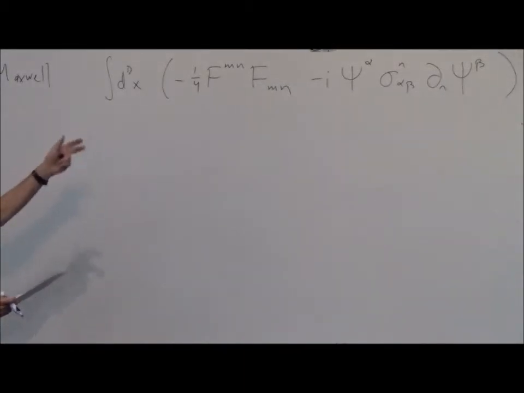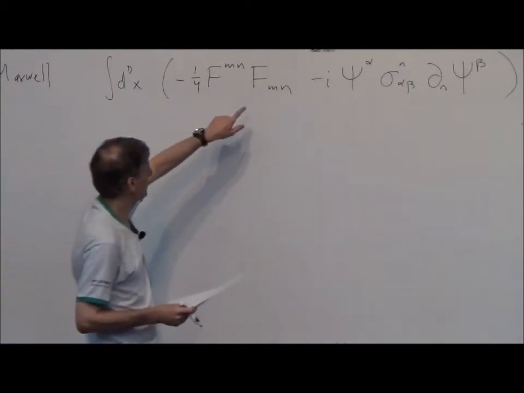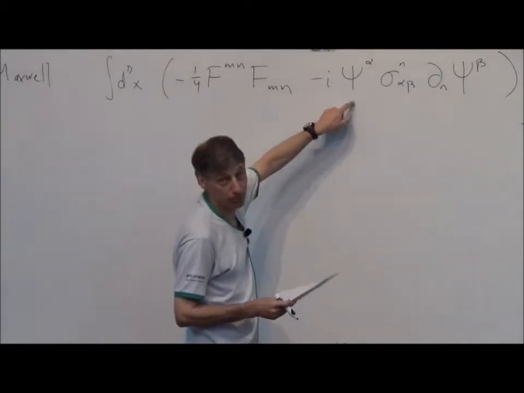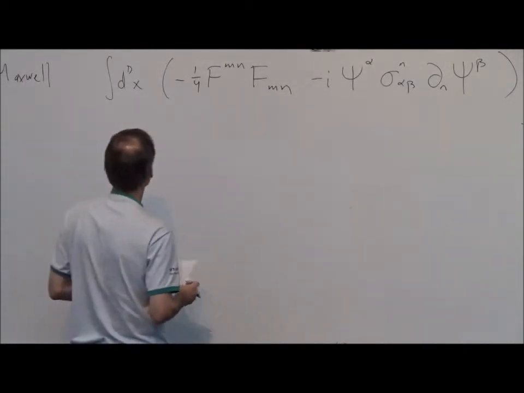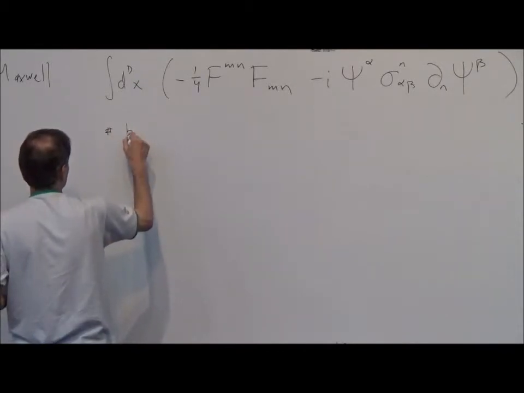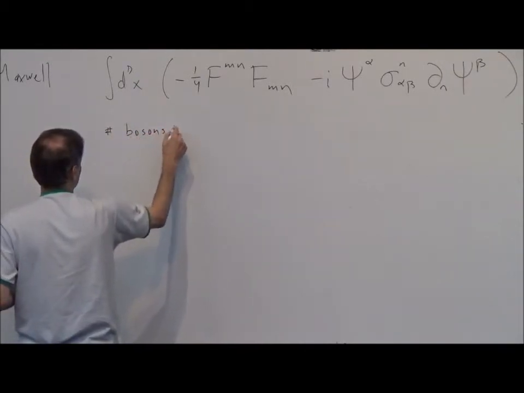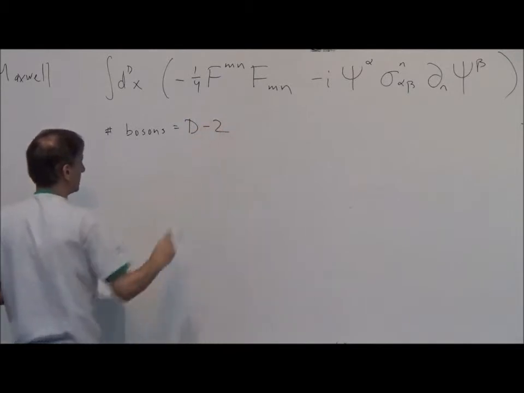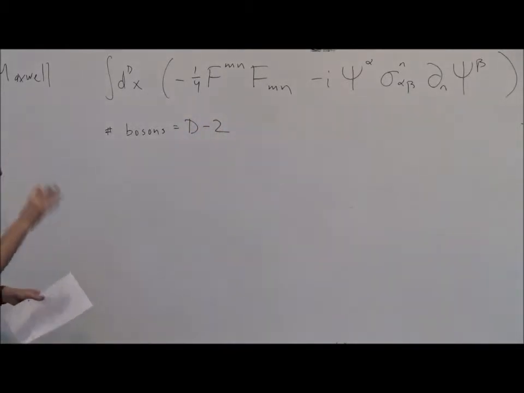Now you can ask if it's space-time supersymmetric. To be space-time supersymmetric you need as many on-shell bosons as fermions. The number of bosons is fixed: it's just d minus 2, because you have a photon in dimension d. You always have one gauge degree of freedom and one is annihilated by the equation of motion, so you have d minus 2 physical polarizations.